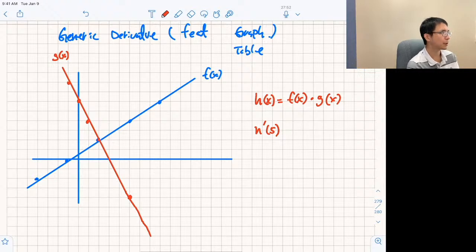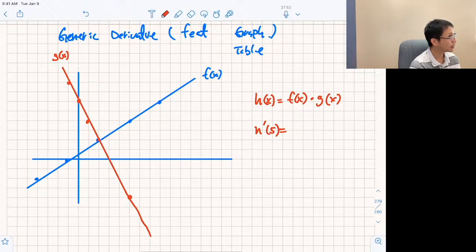That means what do I have to do? I have h of x equal to f of x times g of x. What does that mean if I want an h prime of 5? You want the derivative at that specific point? Yep, good. So can I take a derivative of f of x times g of x?